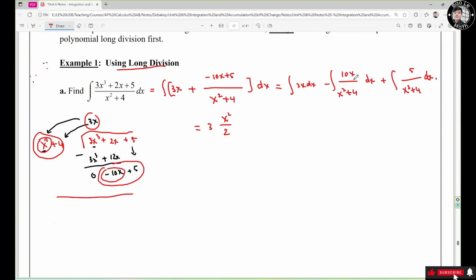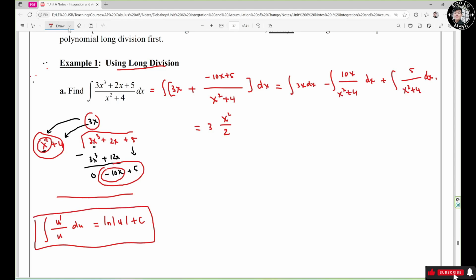For the next one, observe that you have the antiderivative of u prime over u du. It's going to be the natural log of the absolute value of the denominator plus c. You learned this in the last lesson.